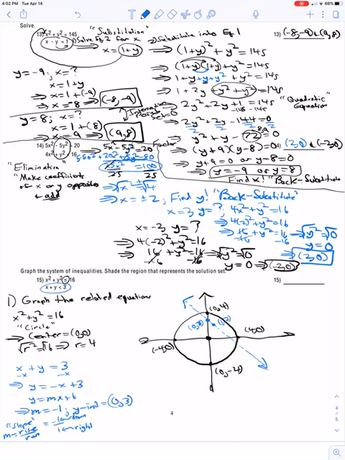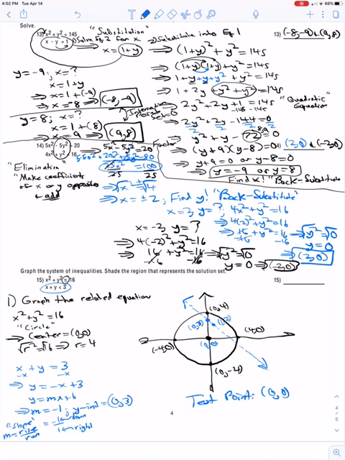Now that's enough to go ahead and talk about where our solution set will fall. So I'm going to pick a test point. We've got to find a point that satisfies both, so let's take a quick, easy point. I'm going to pick the origin, (0, 0).